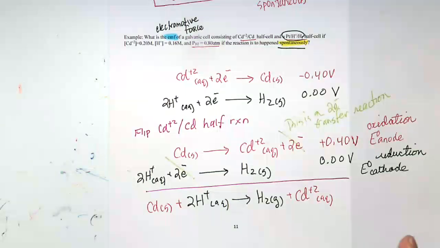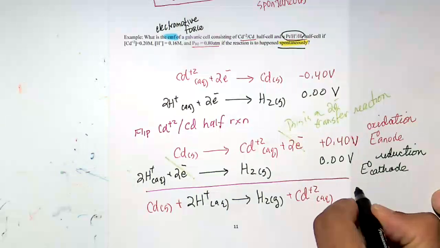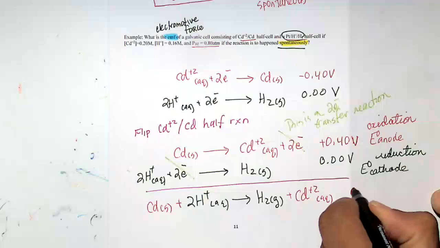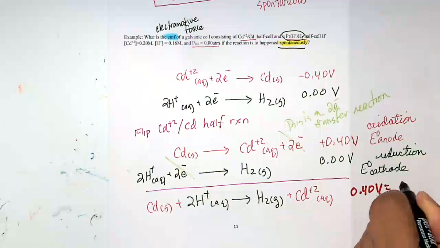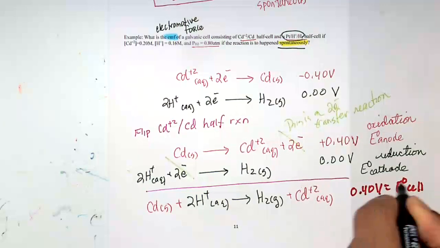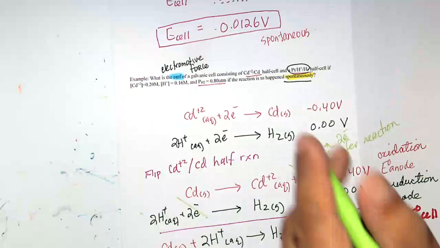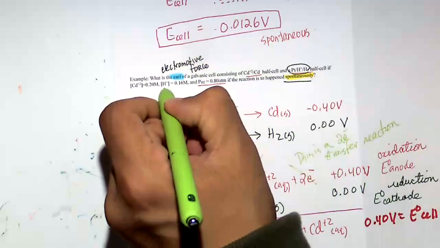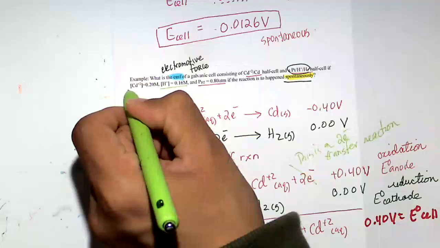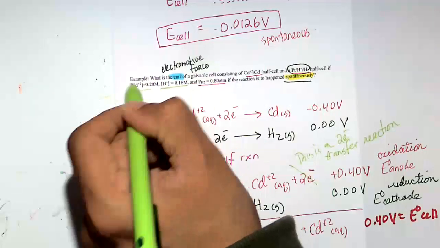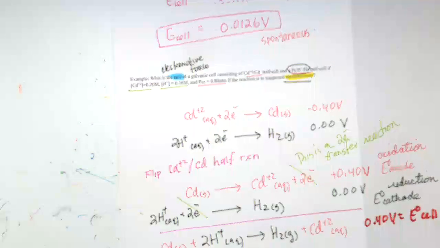This E cell is going to be positive 0.40 volts. But this is not the answer because this is under standard state. We are not under standard state. We have this concentration of hydrogen ion. We have this concentration of cadmium.